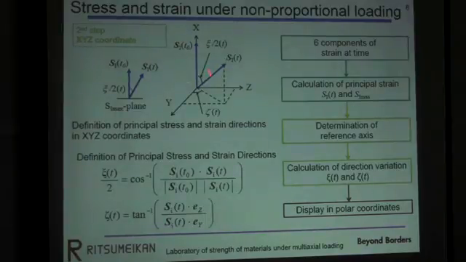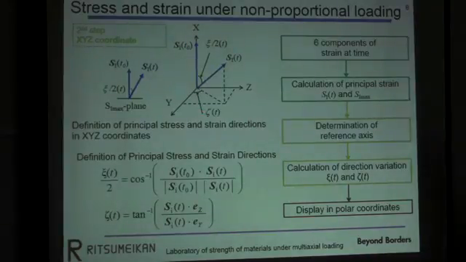Please remember that this angle is half of xi. Also, the projection of this vector onto the yz plane, and the angle between the y-axis and the projection, is the second angle, zeta. We can calculate the two angles using this equation.